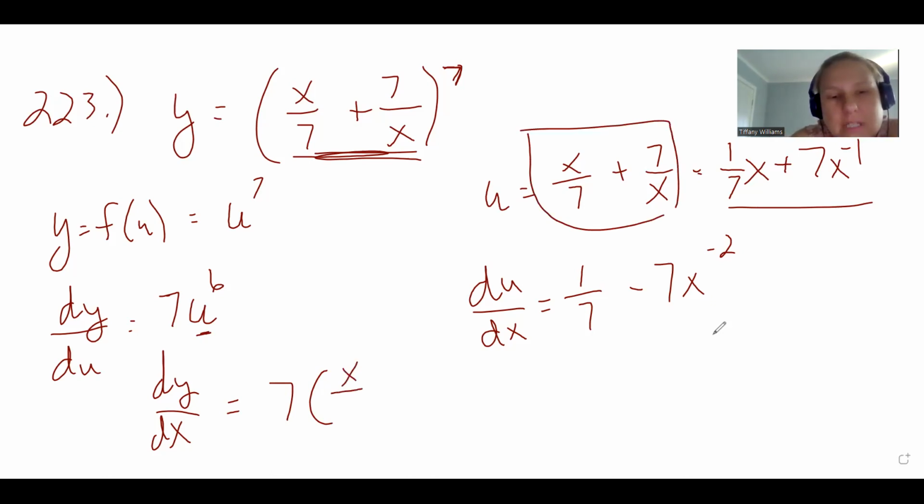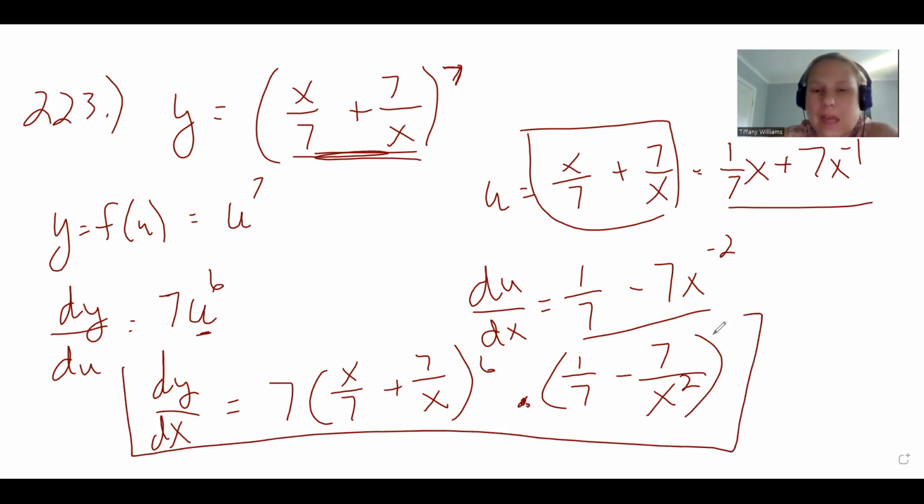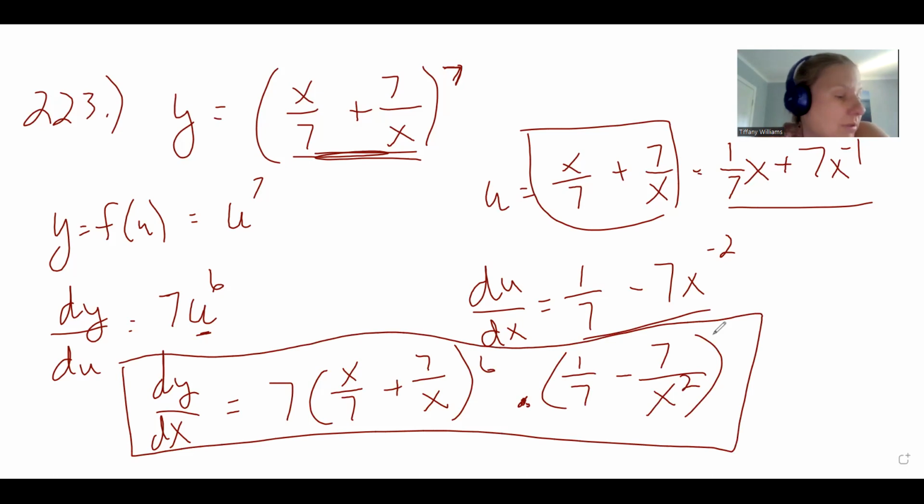So x over 7 plus 7 over x raised to the 6th power, times this beautiful thing here, 1/7 minus 7. Remember, x to the negative 2 is the same thing as over x squared. They're not going to try to clean this up. They go pretty easy with you on the algebra in this. So they're going to leave this one like this, and that's your final answer.